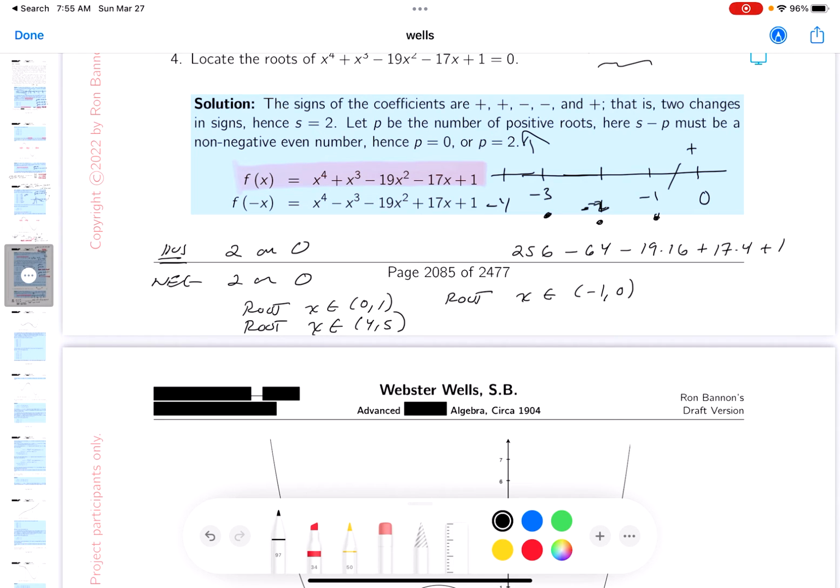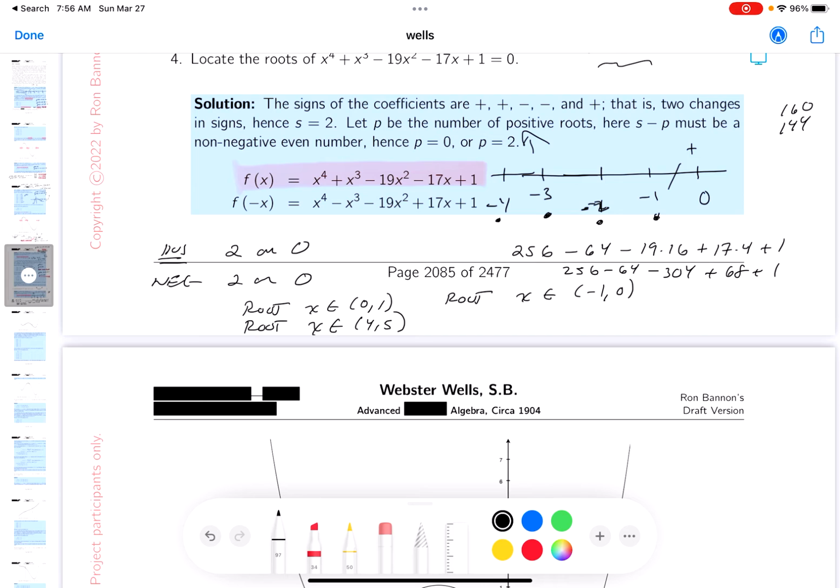Let's add this together. 256 minus 64. 19 times 16. Boy, that's familiar, isn't it? That's 160. 10 times 16, and 9 times 16 is 90 and 54, 144. That's minus 304. 17 times 4, that's 40 and 28, 68, plus 1. And that's going to be, let's see, clearly negative.